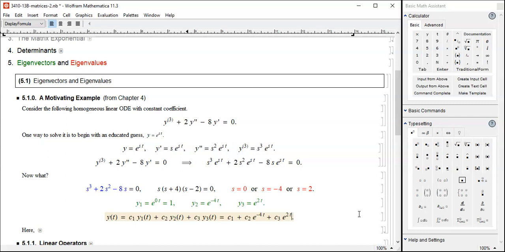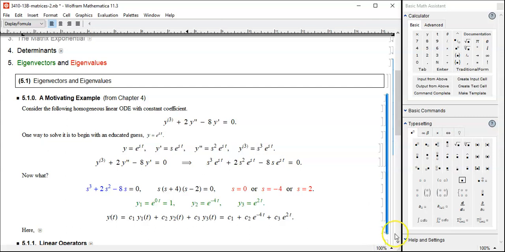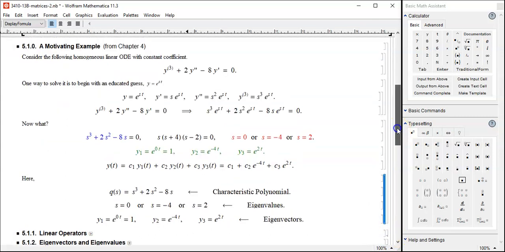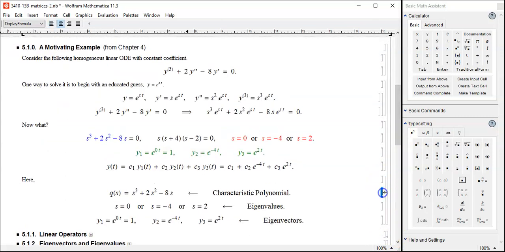So that was something we had been doing in chapter 3 and chapter 4, and here is a summary of the terms. This polynomial is called the characteristic polynomial. And the zeros of the characteristic polynomial are called the eigenvalues. And the solutions associated to each of these eigenvalues are called eigenvectors.